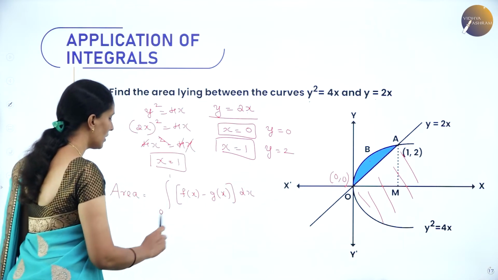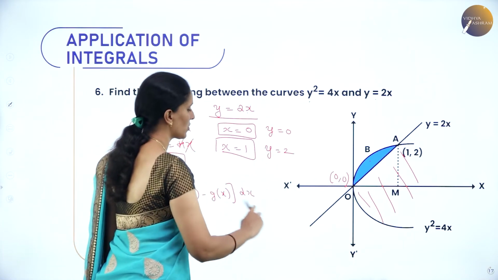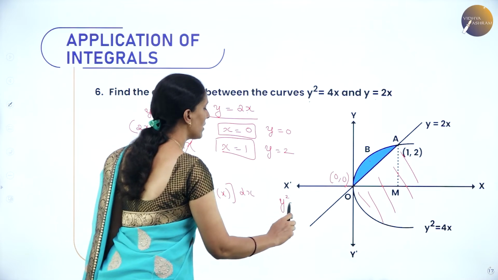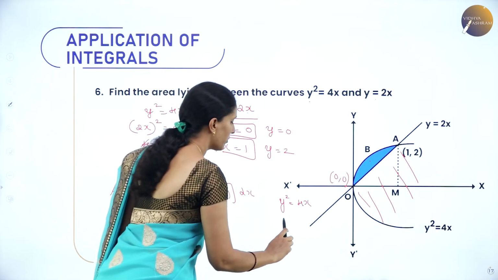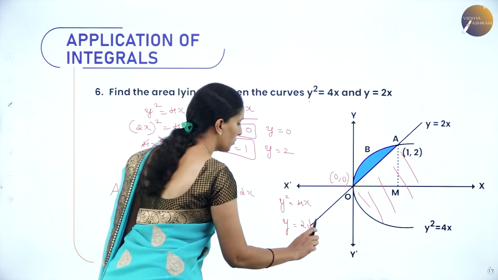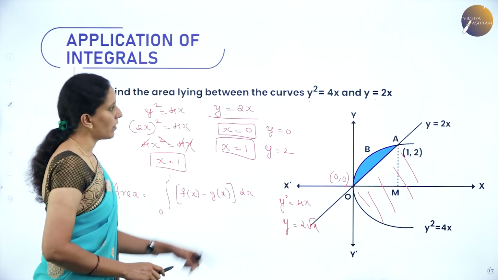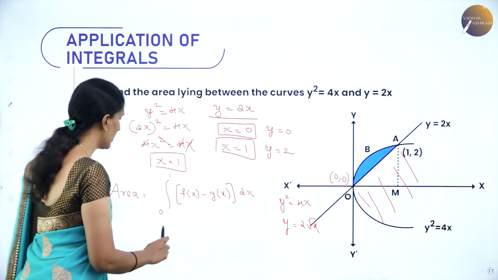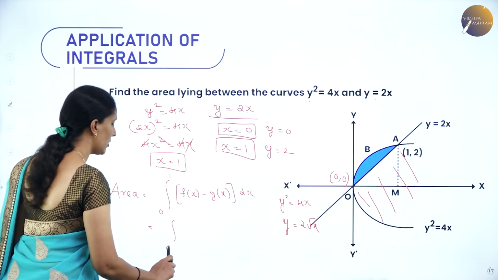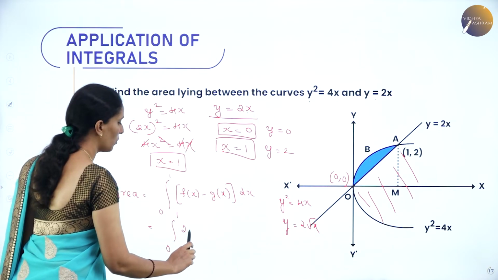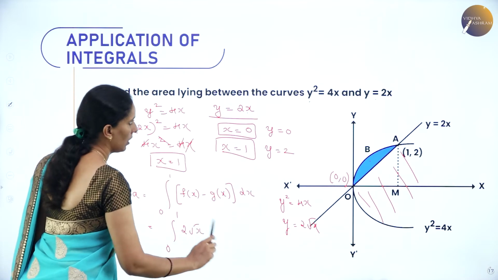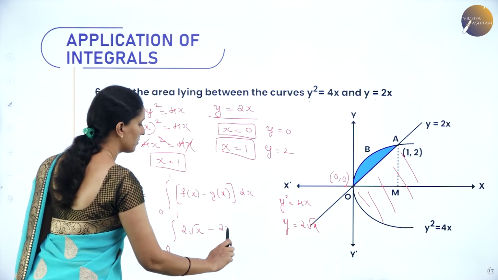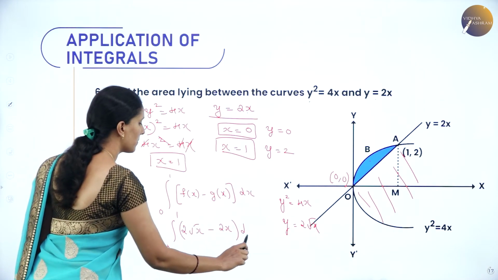So f of x is actually, y square is given. If y square is equal to 4x, I should take y is equal to 2 root x, and the second is already expressed in terms of y. So let me take this as integral 0 to 1, 2 root x minus 2x dx.